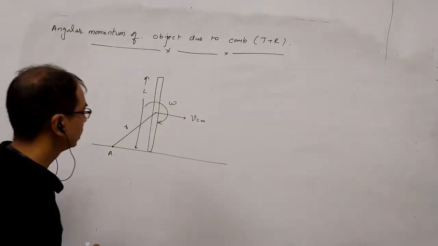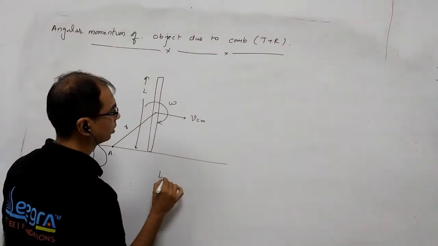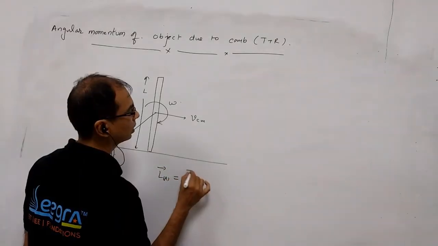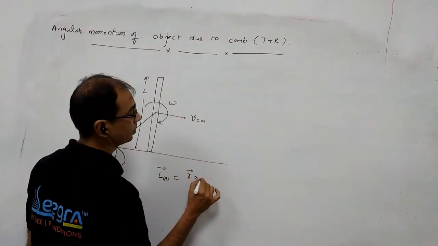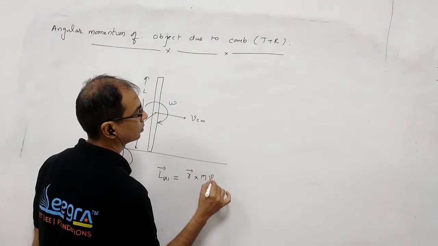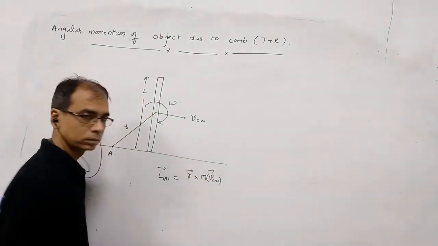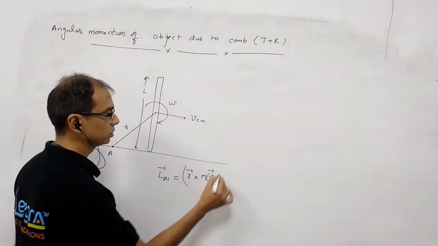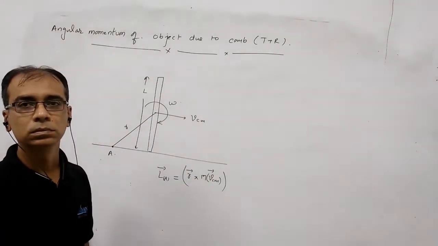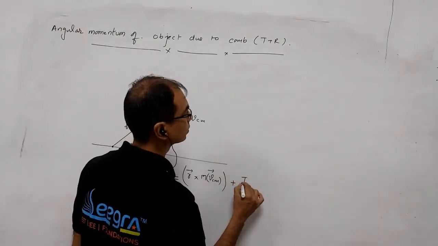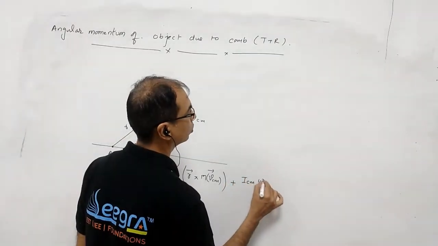So first I am writing the total angular momentum about A. First, due to linear motion, what is it? R cross M VCM, due to translation. Then plus ICM into omega.